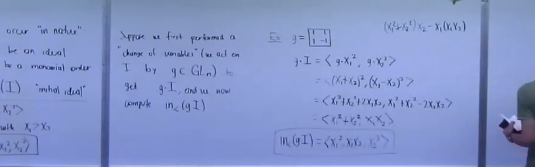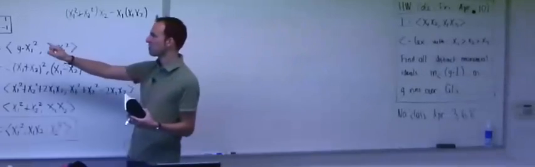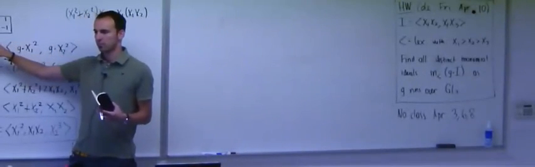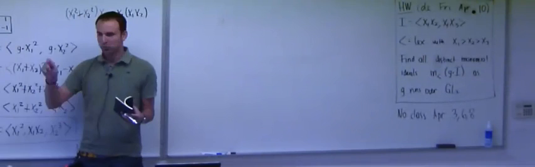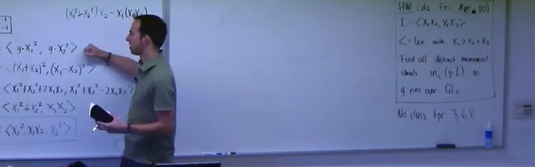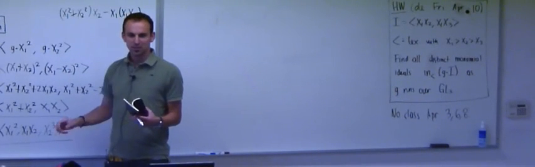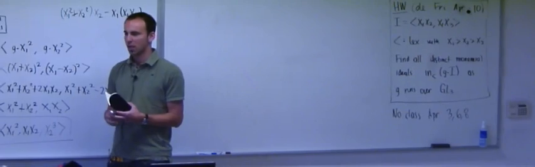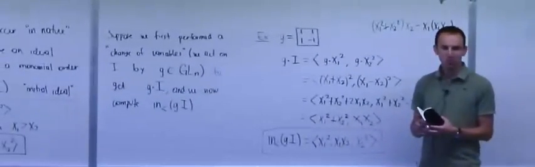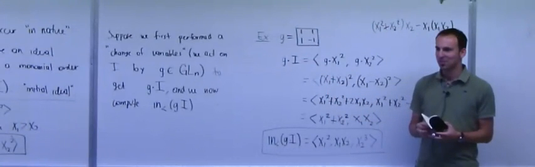But here's kind of the punchline of what I want to say. The punchline is that if I asked all of you to choose a different matrix G, and you don't get to see what the person next to you is doing. Each person chooses a matrix G at random, computes G acting on I, computes the initial ideal, then I'm willing to bet that at least 12 of you would get the same answer, and maybe 1 or 2 of you wouldn't if you chose the identity matrix, for example, or something silly.